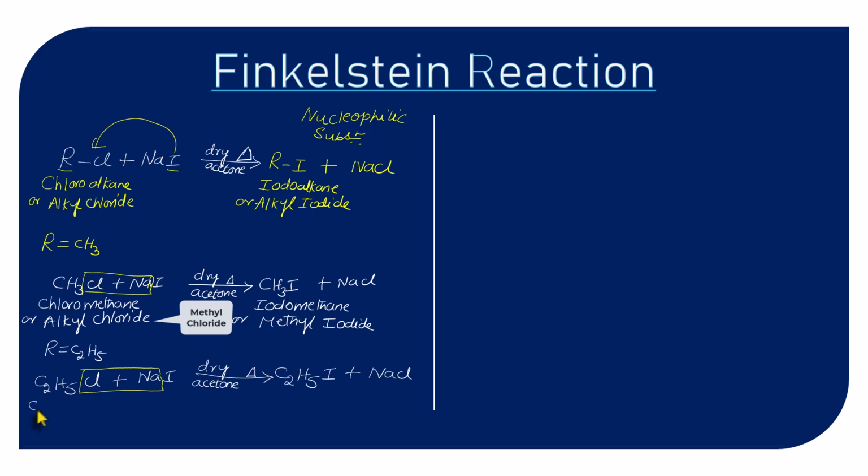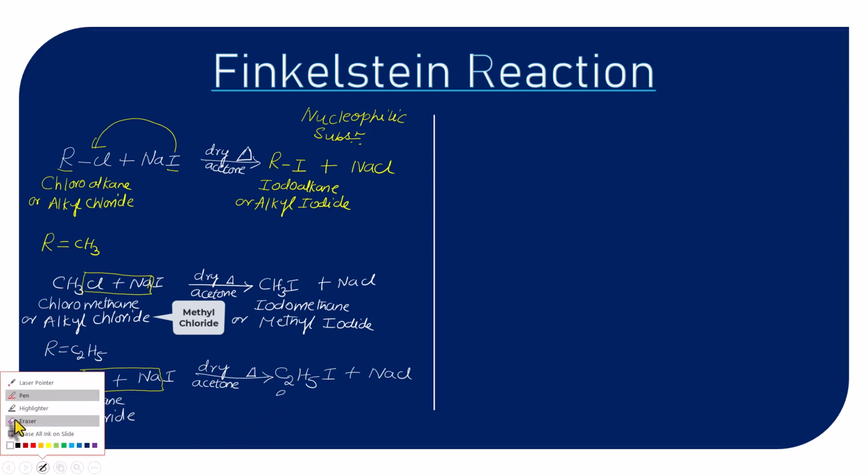So now let's write the names of these reactants and products. This is chloroethane. Chloroethane, or otherwise called ethyl chloride. Ethyl chloride. And here the product is iodoethane.